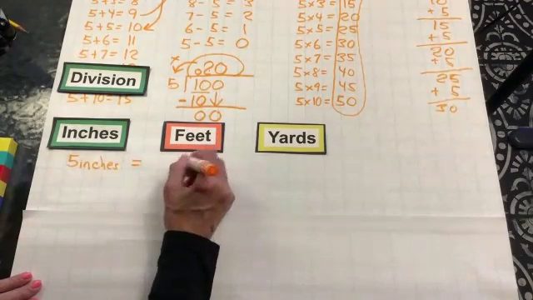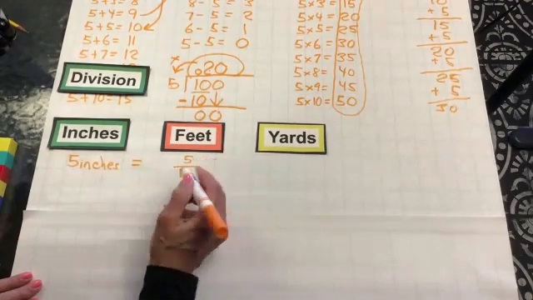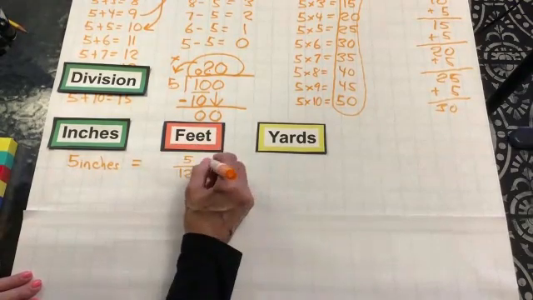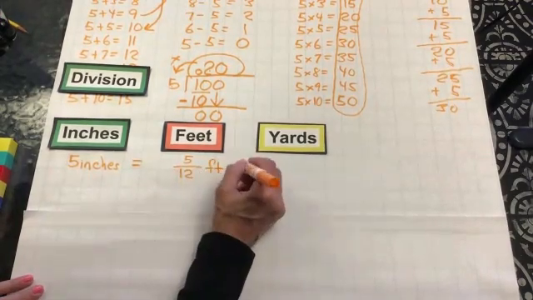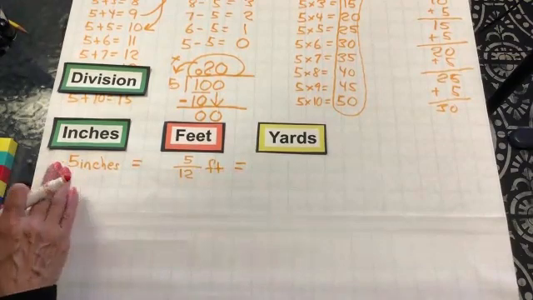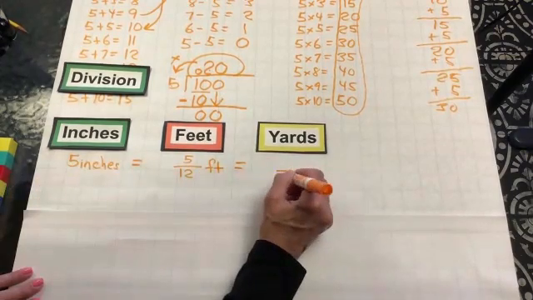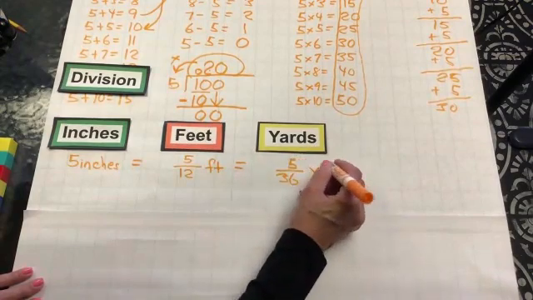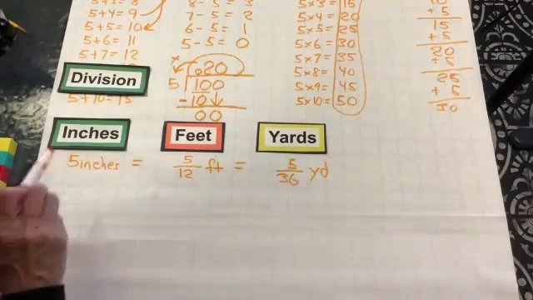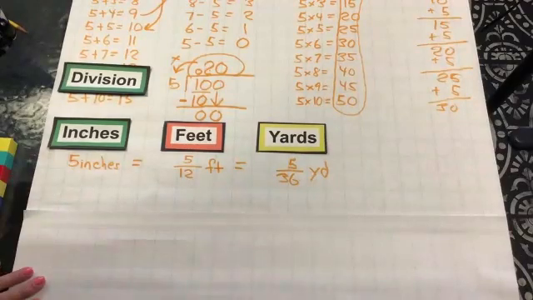So this is 5 out of the 12. So we have 5/12 of a foot. I'm doing the abbreviation here. And we know we need 36 inches to make a yard. So this is 5 out of the 36. So it is a part of a yard, part of a foot, but 5 whole inches.